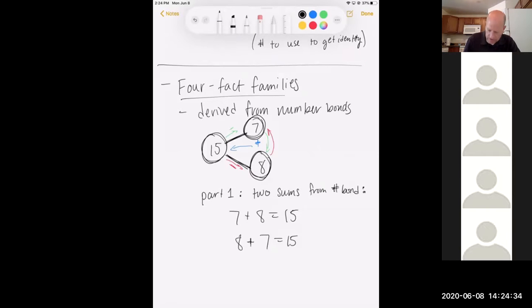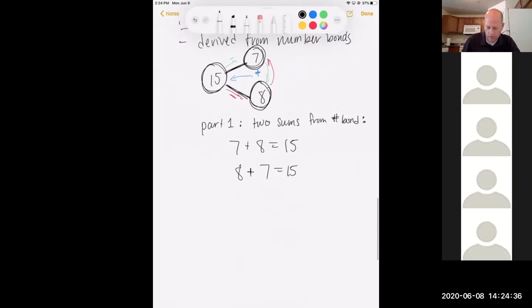Now one thing that's important for students to get out of number bonds is the commutative property and these addition facts. Okay? So when you relate them together, you can derive addition facts and subtraction facts. So part 2 of a 4 fact family is 2 differences from the number bond.